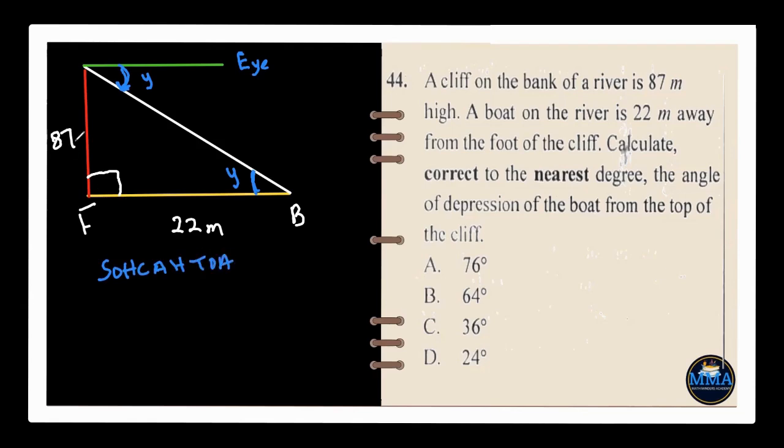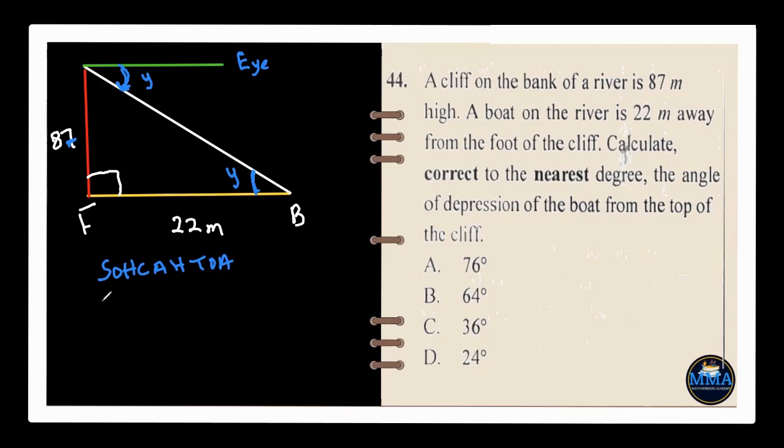So here we have, this is 87. So we have 87 here. So that means we have this opposite and adjacent. So we are using tangent.